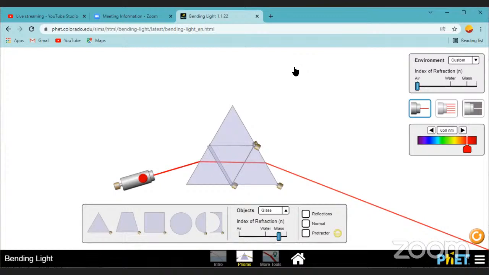Okay, if I change the color, look here, it is very important. It's a red color. Red has the maximum wavelength, look here, 700 nanometers is showing. Correct now? If I keep on decreasing the wavelength, what happens to the refraction angle? Look here, the ray of light is going down.